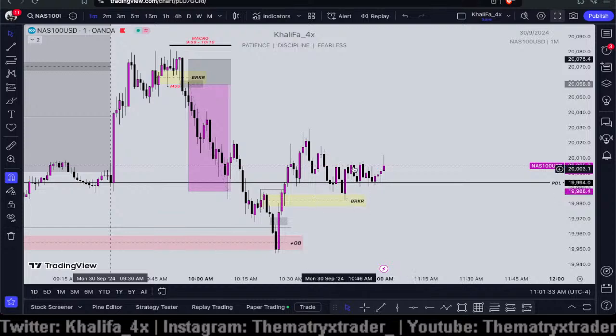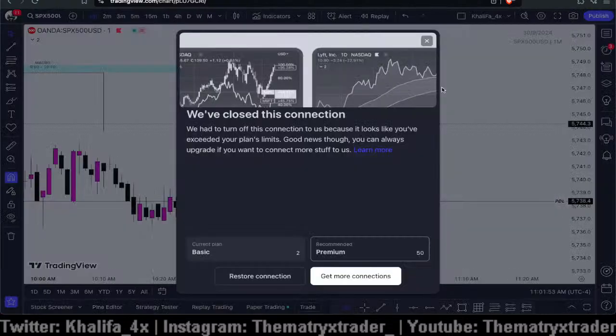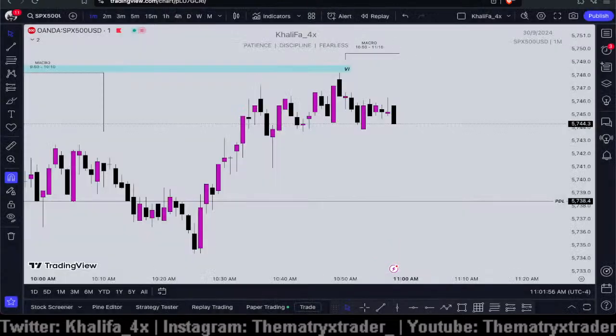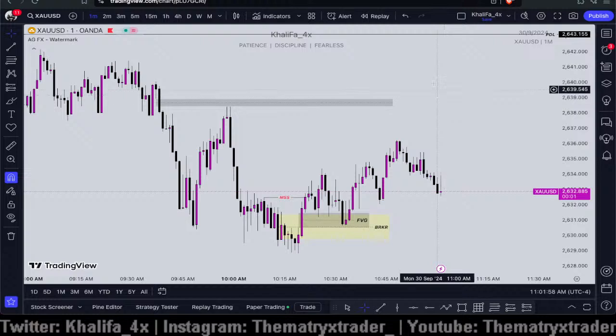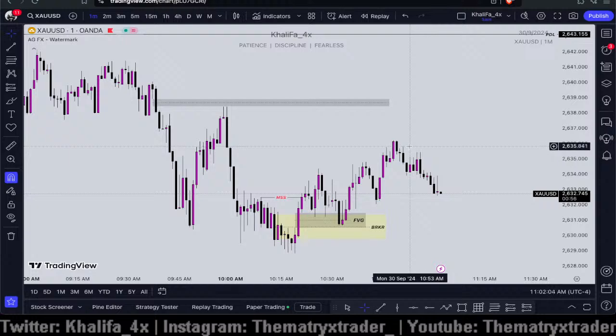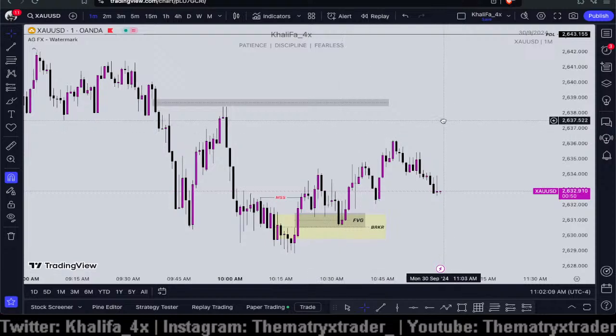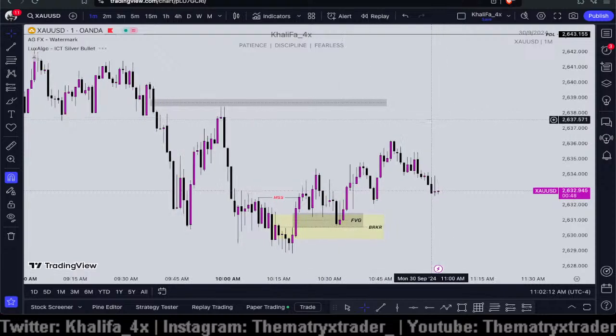But since we have this outlook, like we have this trade idea, let's see what this indicator has to show us.